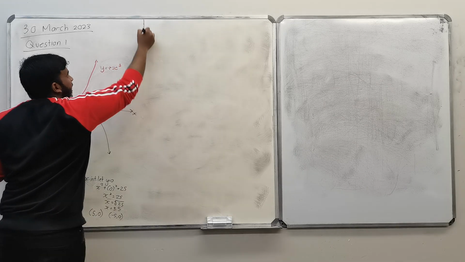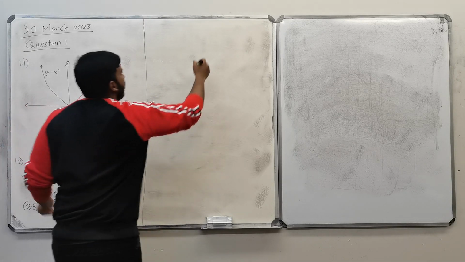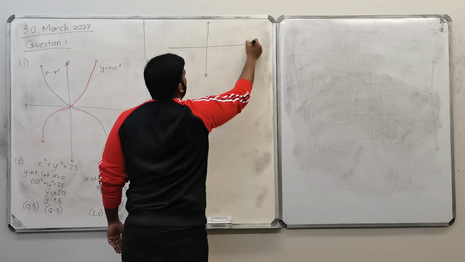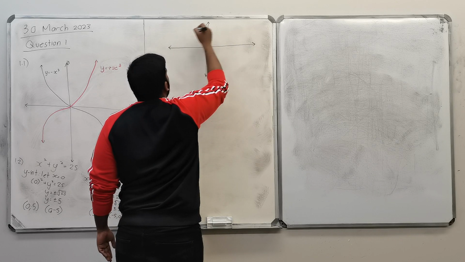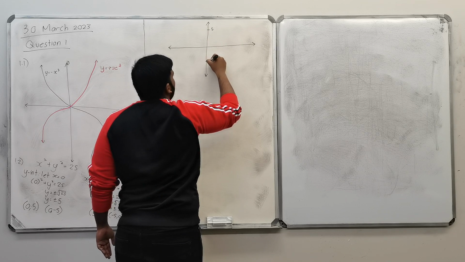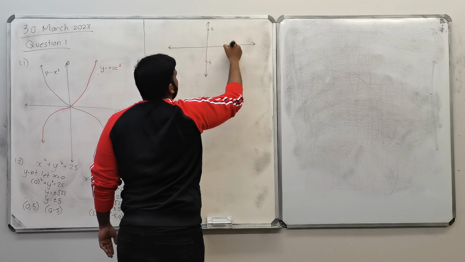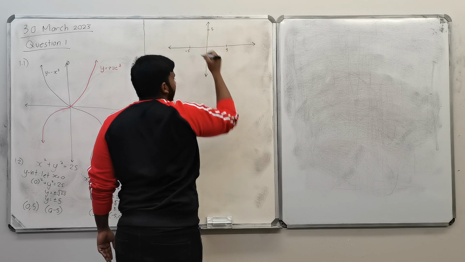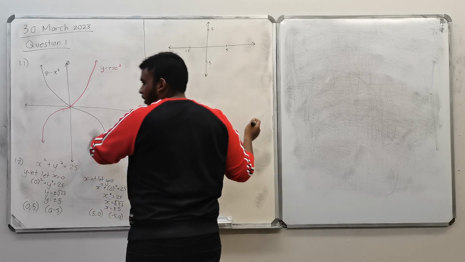So when you're drawing the graph of this, it's going to look like this. Just say 5 is there, minus 5 is here, 5, minus 5, right? It's all our coordinates.